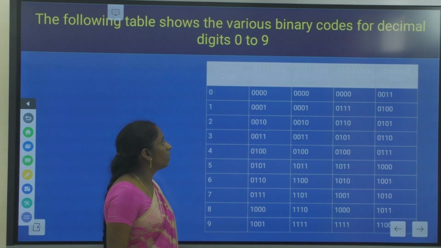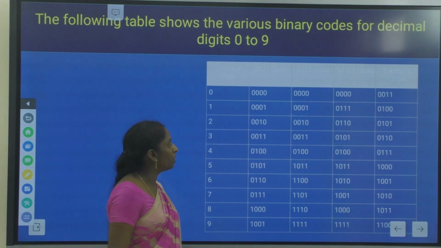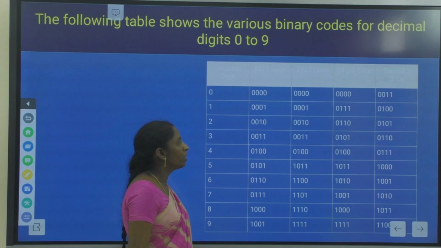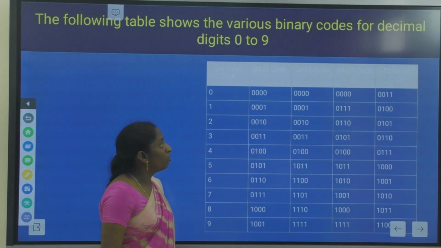To represent 0, all 2421 positions are 0, 0000. To represent 1, it is 0001, to represent 2, 0010, to represent 3, that means 2 plus 1, 3.